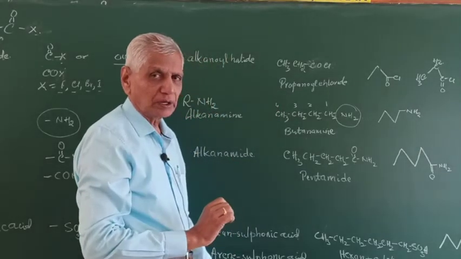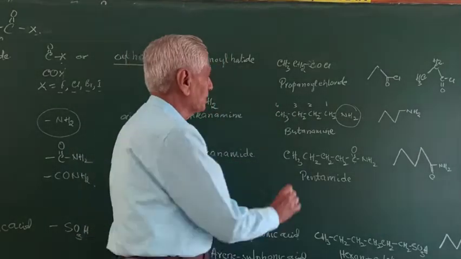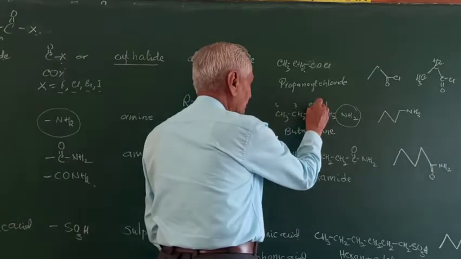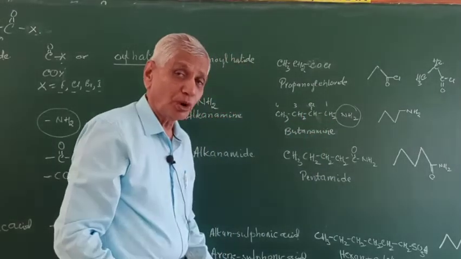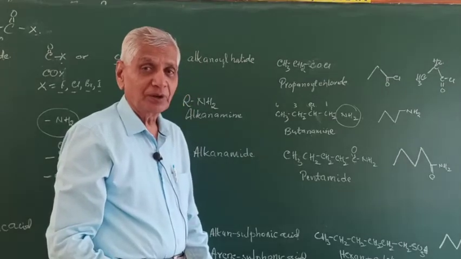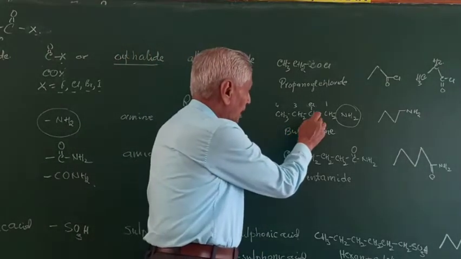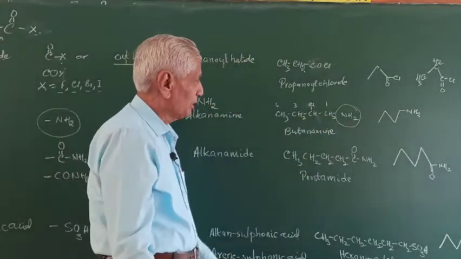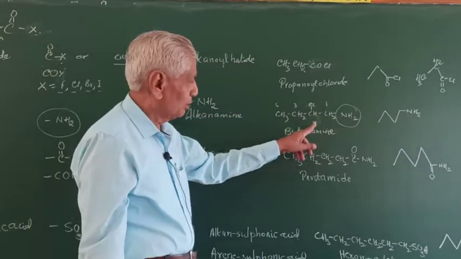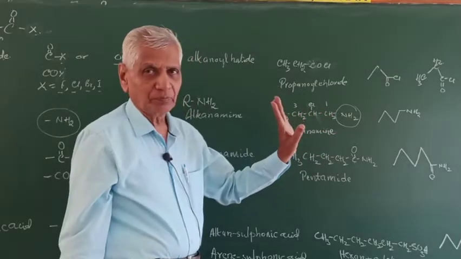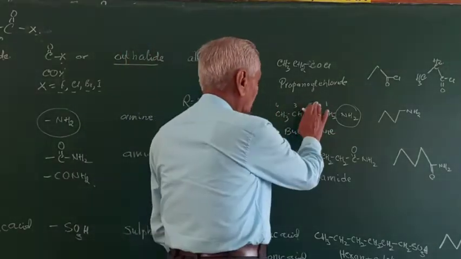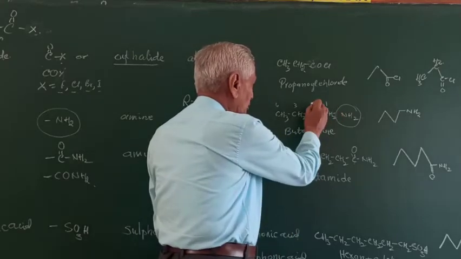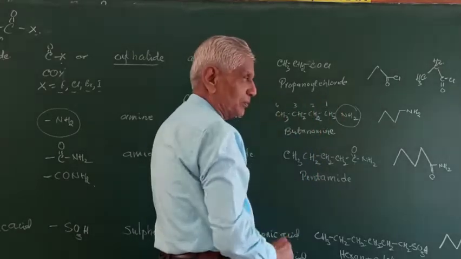Is that clear? Say, for example, one H is replaced here by Cl. What will be the name? Can you tell me? The second carbon contains chloro, therefore the compound is 2-chlorobutanamine. This is carbon 1, this is 2, this is 3, this is 4.